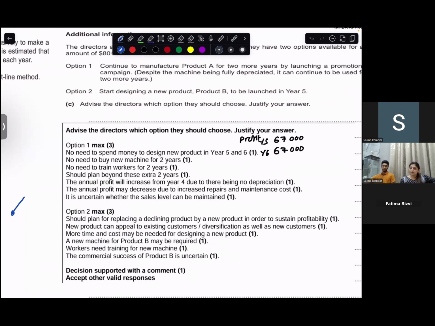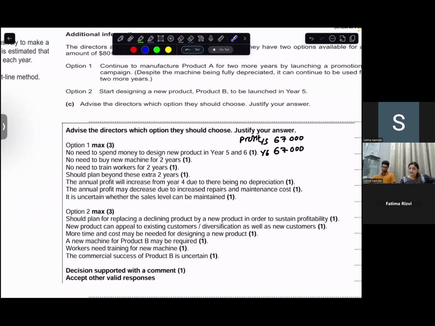Introduction, growth, maturity, and then it starts falling. Then a new product enters into the market, it will again follow a life cycle. So that is why they are not sure about the sales remaining the same or not. But if the sales remain the same, option 1 is a very good option.